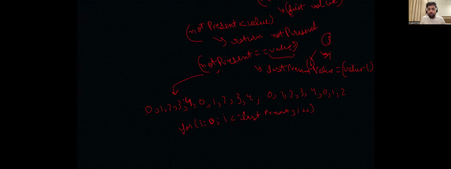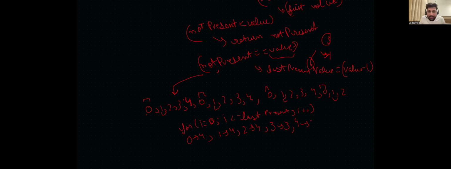First 0, second 0, third 0, fourth 0. So 0 comes 4 times. Now 1: first 1, second 1, third 1, and fourth 1. 1 also comes 4 times. Similarly, 2 also comes 4 times, but 3 comes 3 times. Again, 4 comes 3 times.